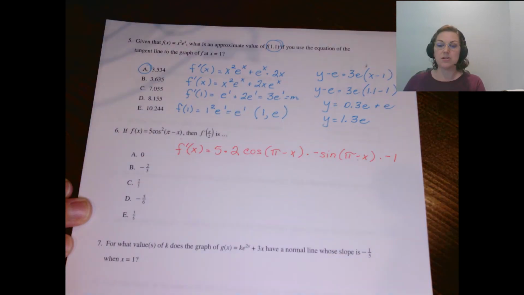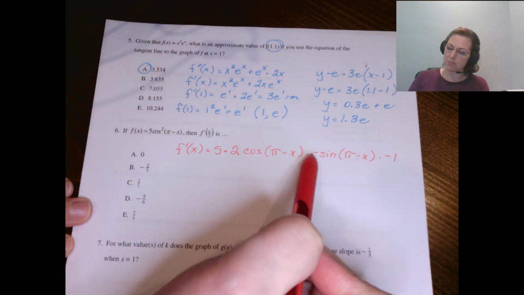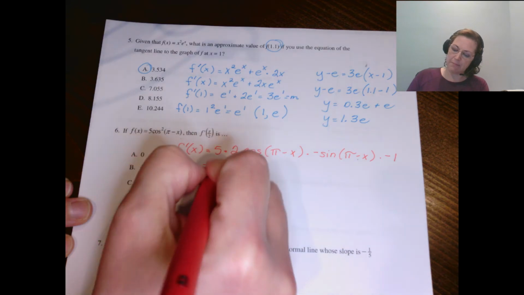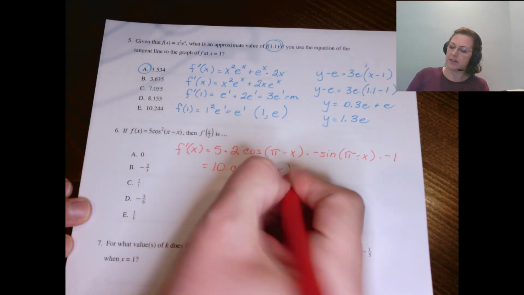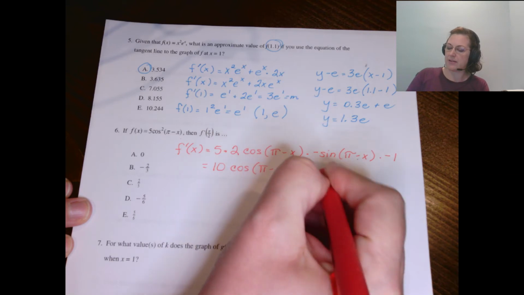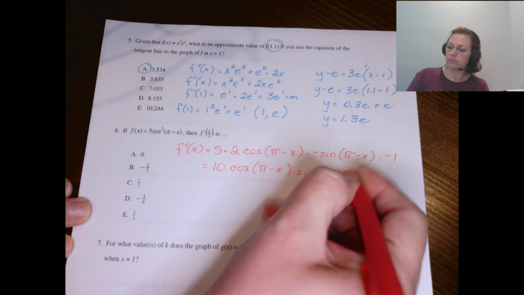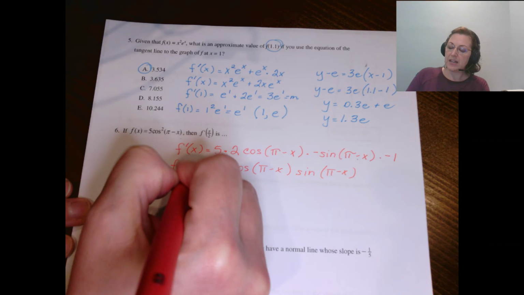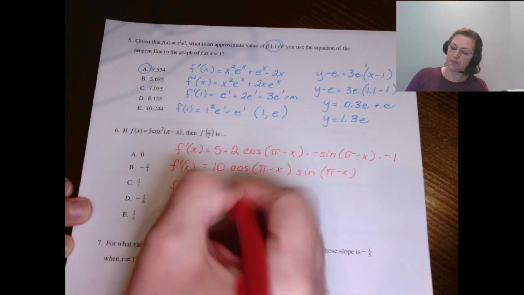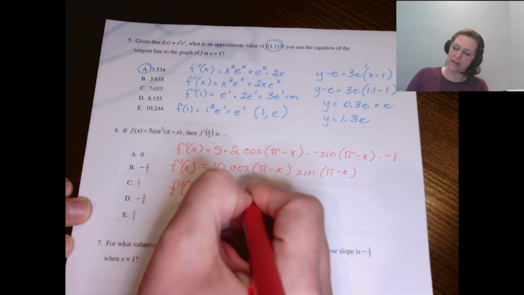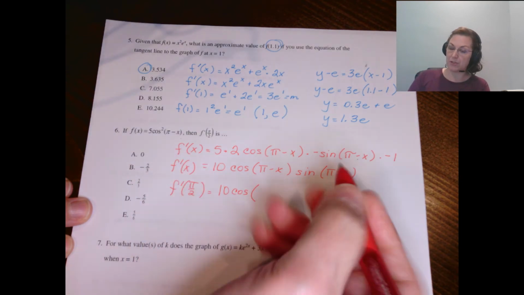Okay. Try not to skip steps in there because it's going to cause you problems and you're going to miss some negatives. So I've got negative times negative is a positive. That gives me 10 cosine of pi minus x, sine of pi minus x for my derivative. Then let's plug in pi over 2. That gives me 10 cosine of pi minus pi over 2.